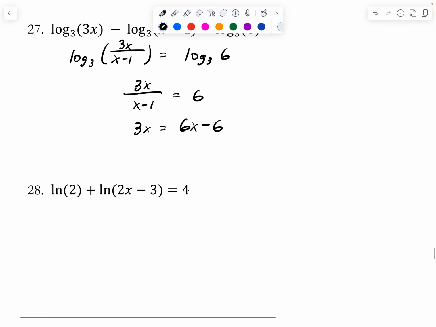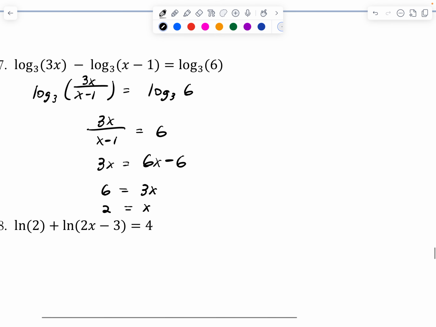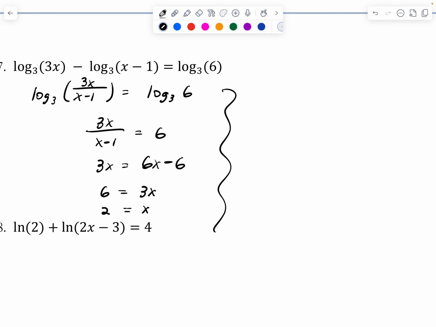And so I get 3x equals positive 6. So x equals 2. Don't forget to check. Log base 3 of 3 times 2 minus log base 3 of 2 minus 1 equals log base 3 of 6. 3 times 2 is 6, so that works out. 2 minus 1 is 1, that's okay. So this is just fine.